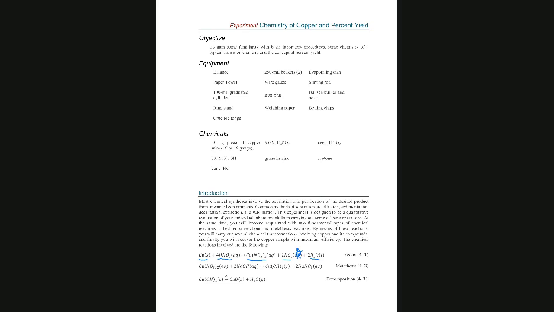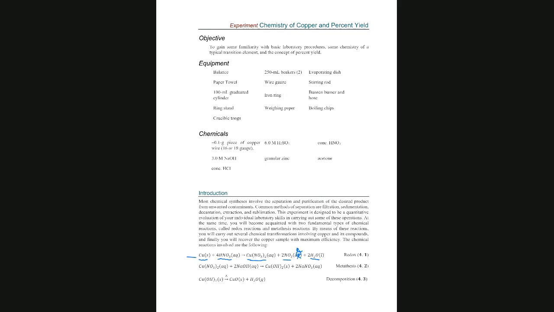This reaction actually is done in the hood because NO2 is toxic. When we add the nitric acid to the copper, we will have a blue solution. All this copper is going to disappear and form copper nitrate, which is a blue solution.